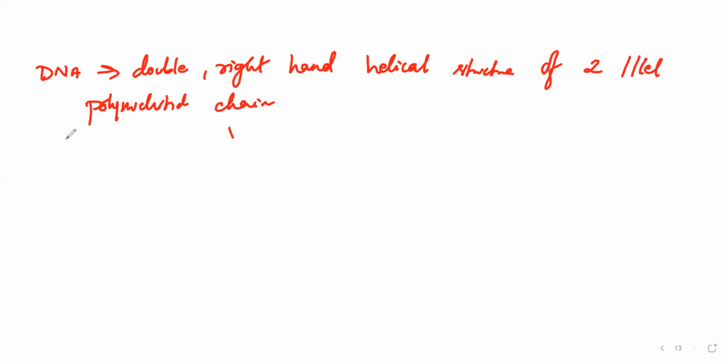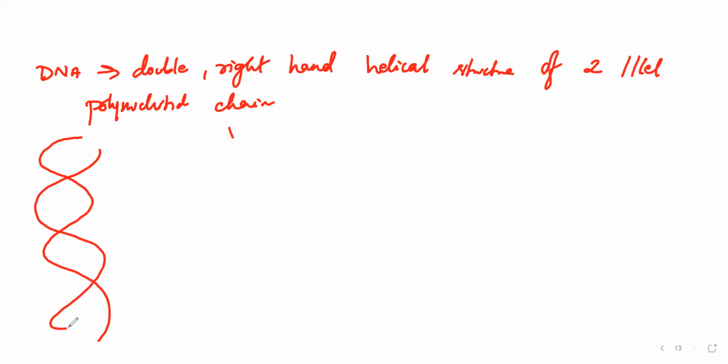Somewhat like this, you will have 3 prime, 5 prime, and here 5 prime, 3 prime. So these are anti-parallel chains. Anti-parallel means here you can see 3 prime to 5 prime, but the other chain is 5 to 3. Then you have the double helix, and they are right-handed helical structures. This right-handed double helical model was given by Watson and Crick.